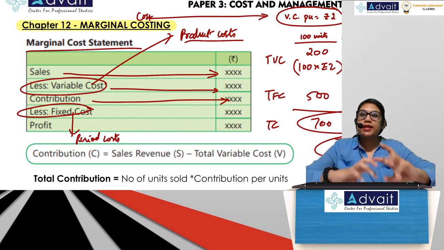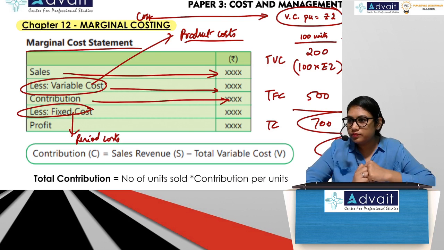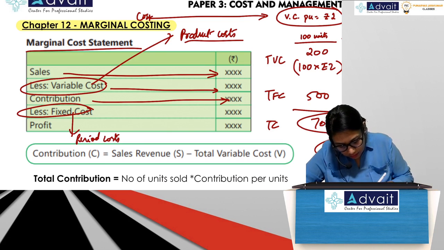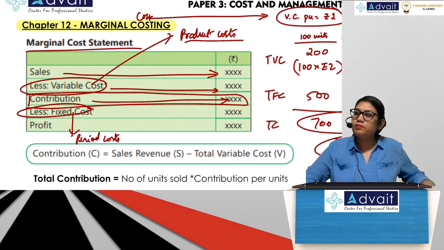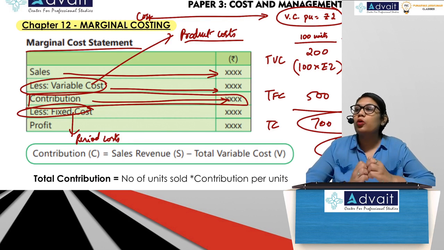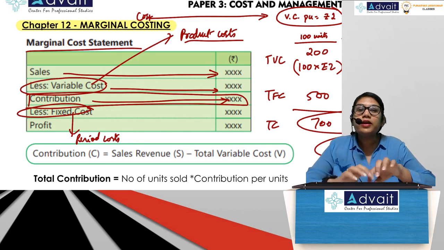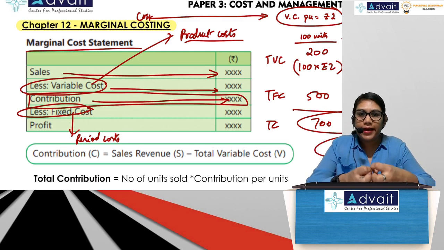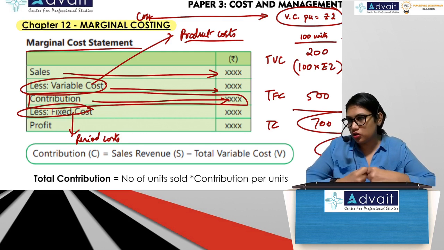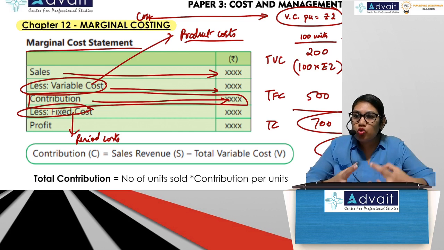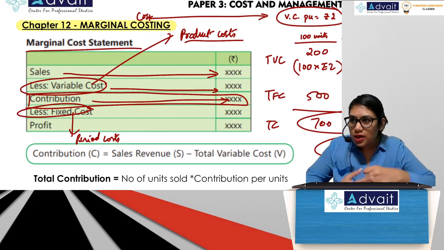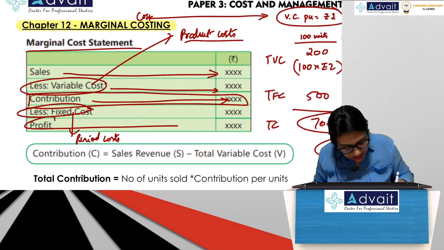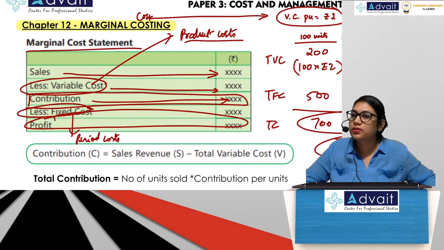So when we sell the product in the market, the contribution defines our product profitability. That contribution is like a pool of funds that we collect to recover our fixed costs. So from that we do recovery of fixed costs, and then we arrive at the net profit.